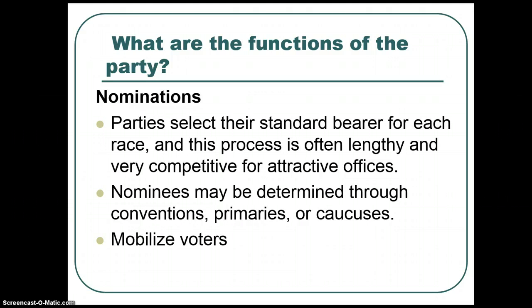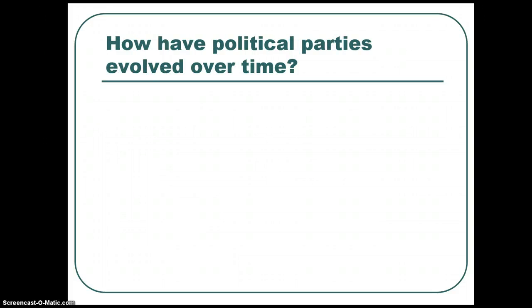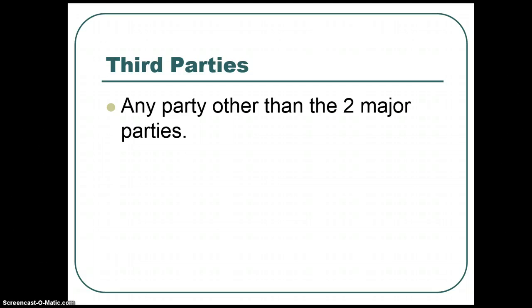In order to get their candidate nominated, they have to mobilize voters, and so they have to motivate their members of their party to go out and vote for the candidate that they want to win. We'll talk about how political parties have evolved over time when we get to class.